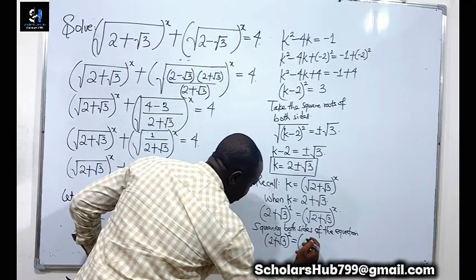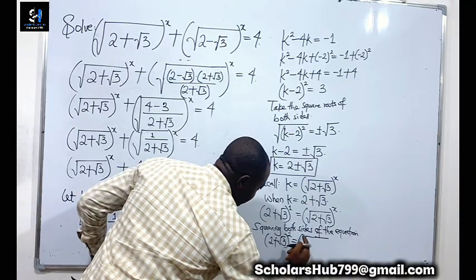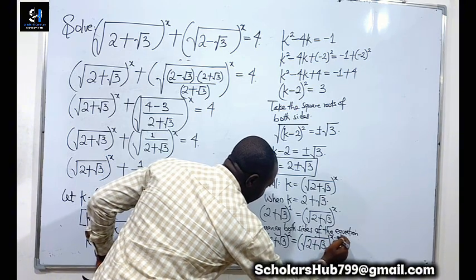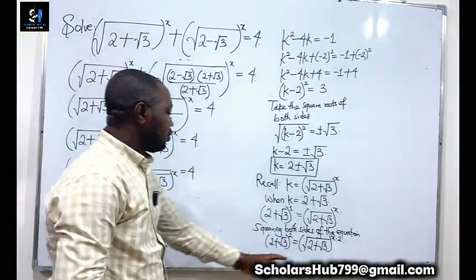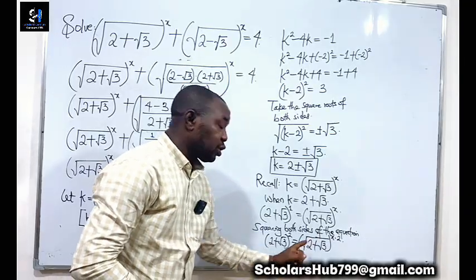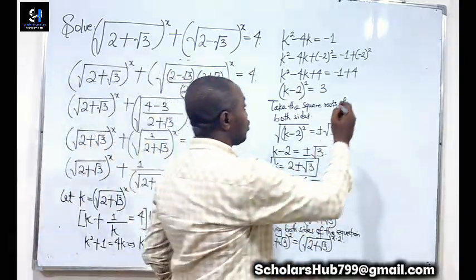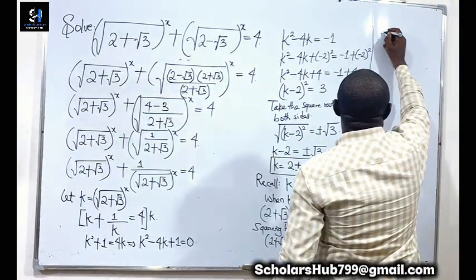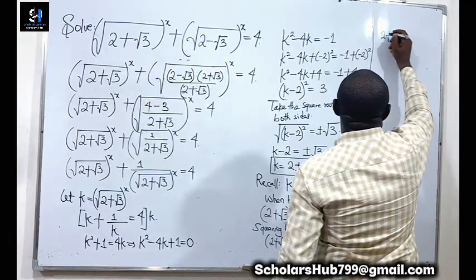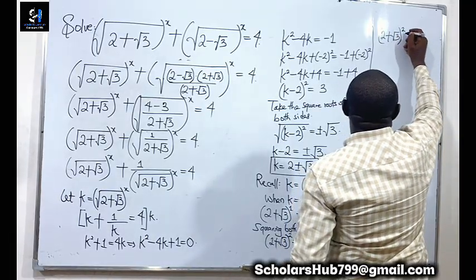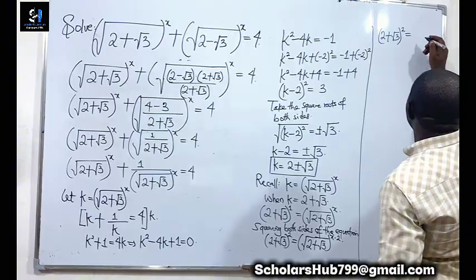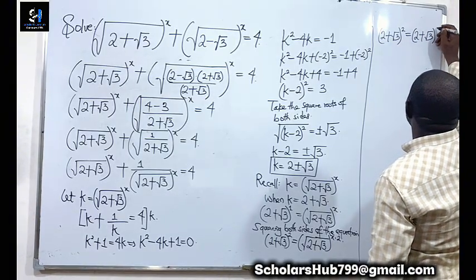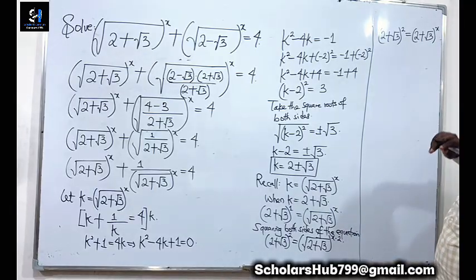we have (radical 2 plus root 3) raised to the power of x, then times 2. So if we square this, it will cancel the square root sign and we'll be left with (2 plus root 3) squared equals (2 plus root 3) raised to the power of x.